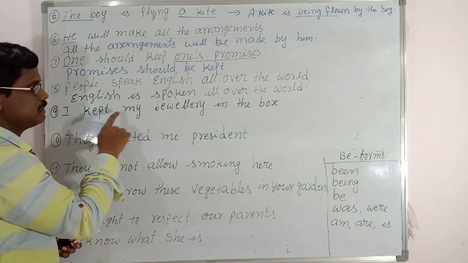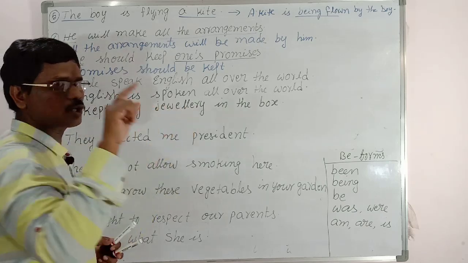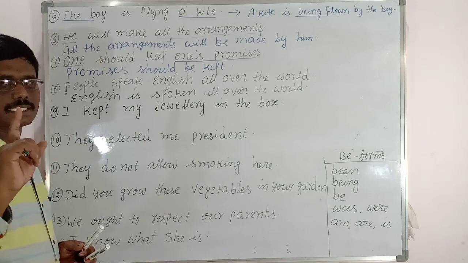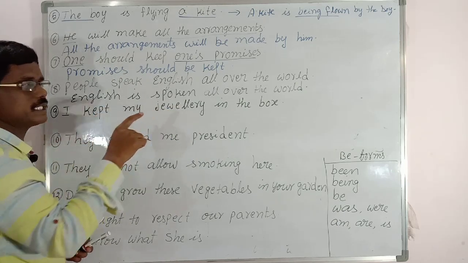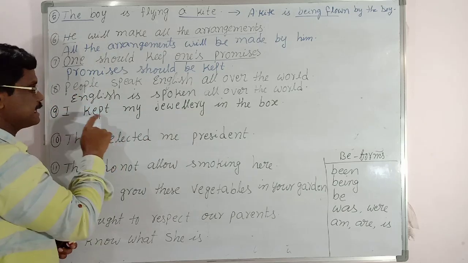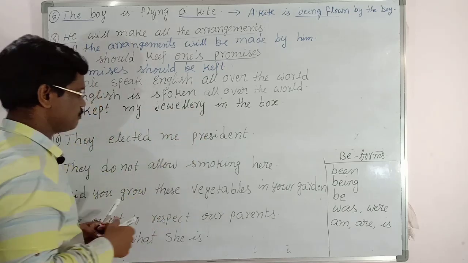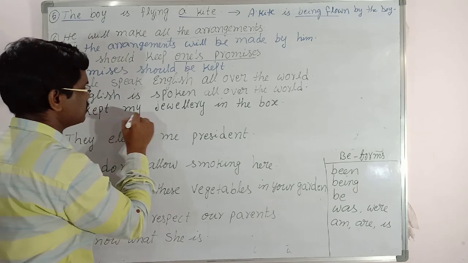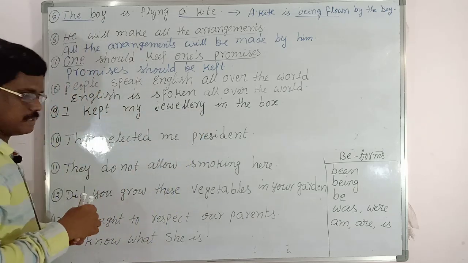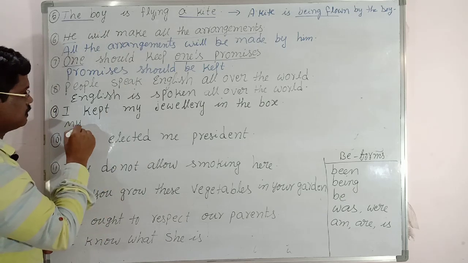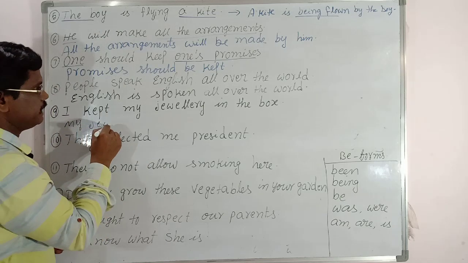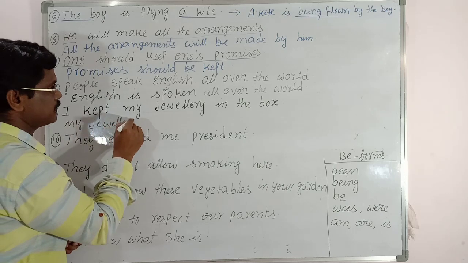I kept my jewelry in the box. I kept my jewelries, wrong. Jewelry is an uncountable noun, always singular. I put my jewelry, that is also wrong. I kept my jewelry in the box. My jewelry is the object, so the answer is my jewelry.